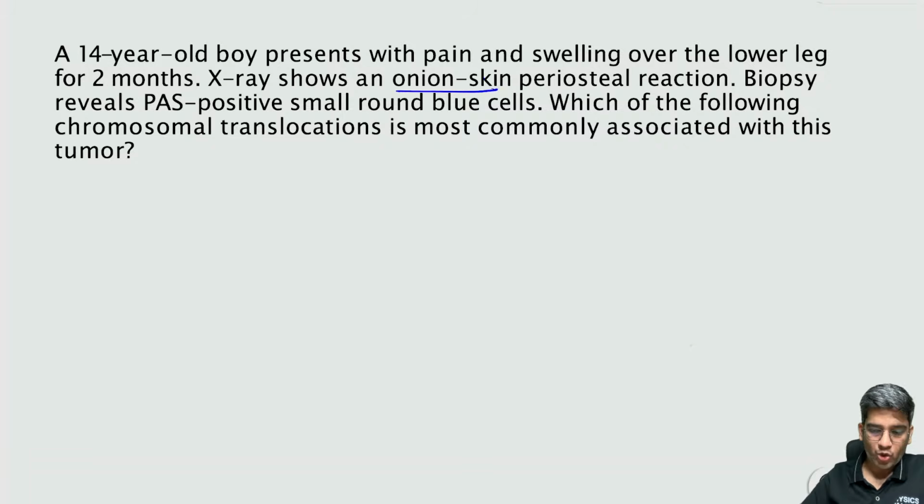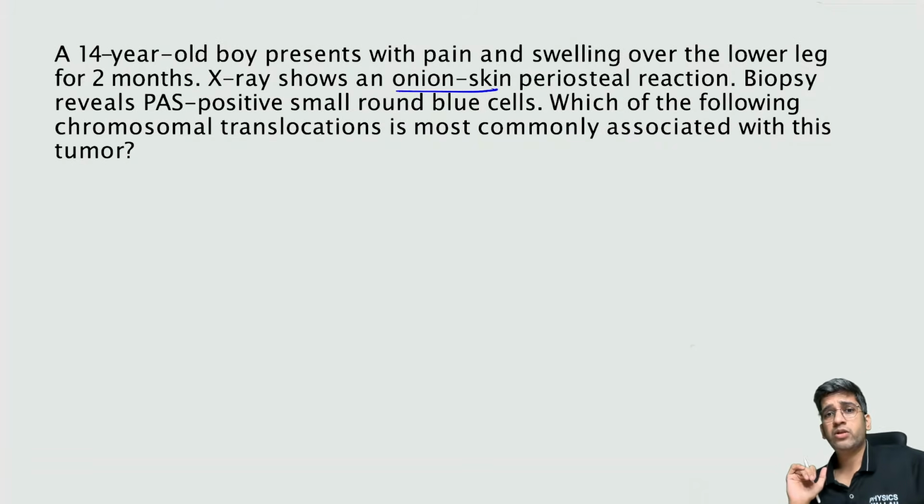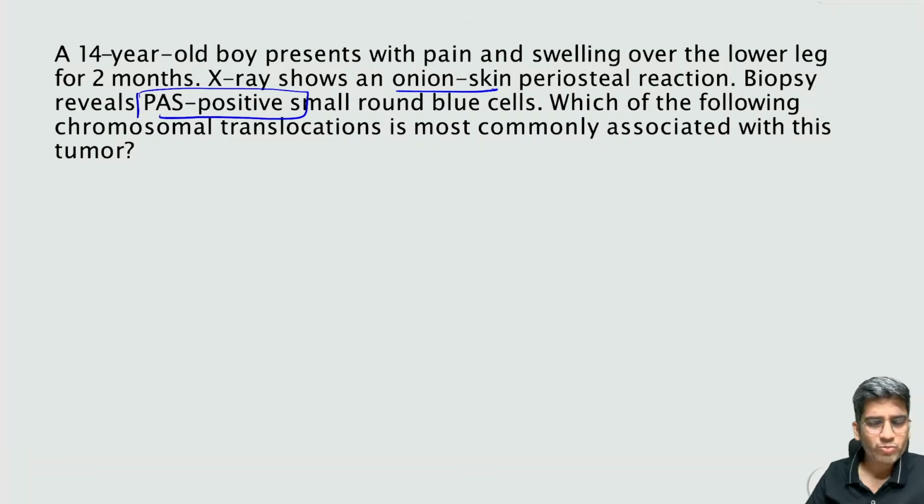X-ray shows an onion peel or onion skin periosteal reaction. Sagar, why seminoma in bone? I don't think you'll have seminoma in bone. PAS positive, small round blue cells. What's the diagnosis first? This could very well be a long answer question in your exam.